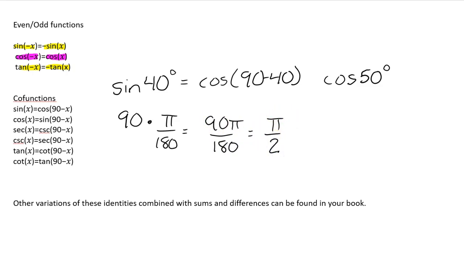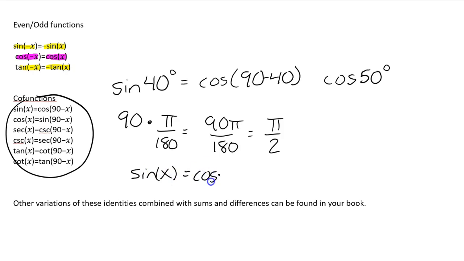Now that we are okay with working with radians, these cofunction values can be used with radian values. So I can use any forms of these over here. It does not matter which one I use. Sine of x is also equivalent to cosine of pi over 2 minus x. So degrees will work for cofunctions as well as radian values, because we know that 90 degrees is equivalent to pi over 2.